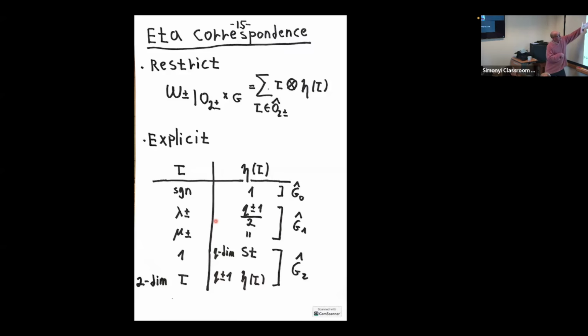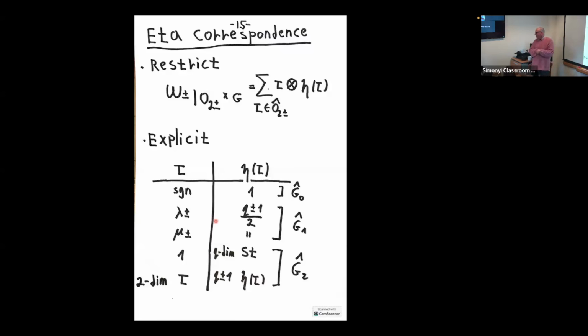And I can restrict the oscillator representation to the product, O2 plus, O2 minus in each case, times SL2. Then it decomposes into a direct sum of representations, one of the orthogonal group and one of the symplectic group. I'm going to break a little bit the symmetry here. I'm going to sum up over irreducible representations of the orthogonal group.